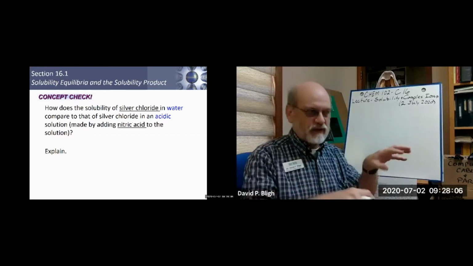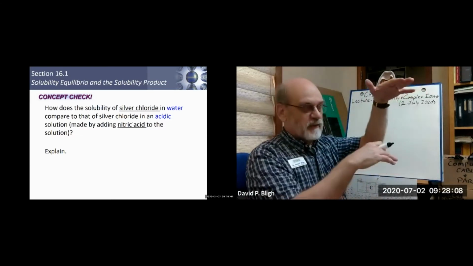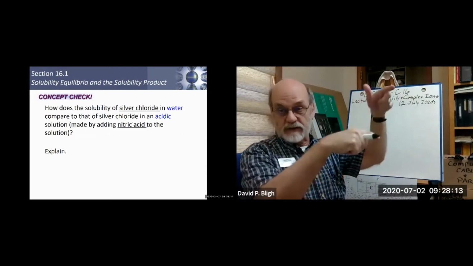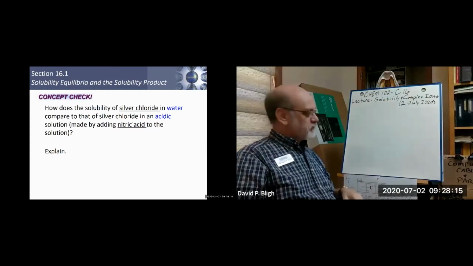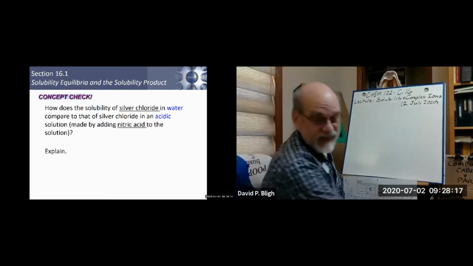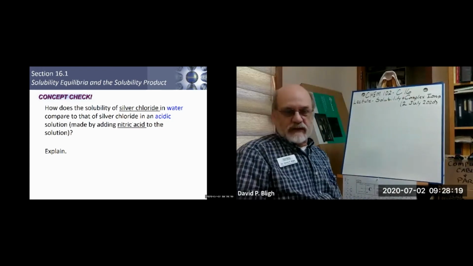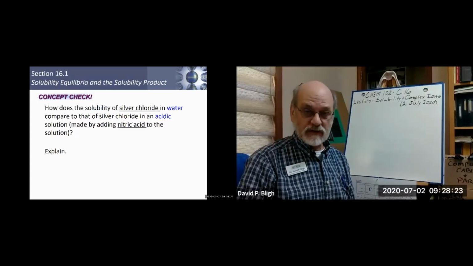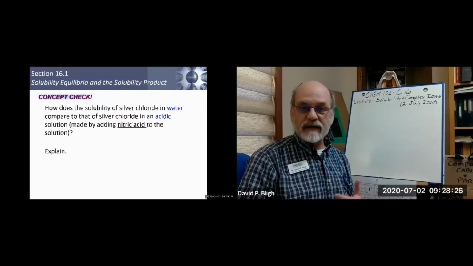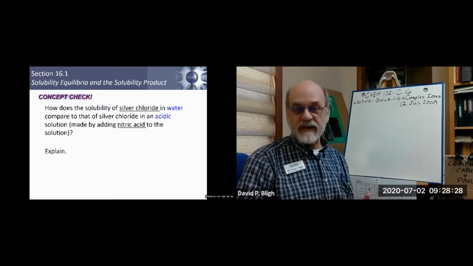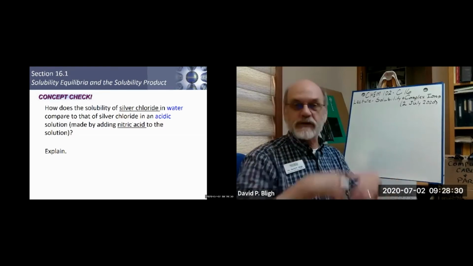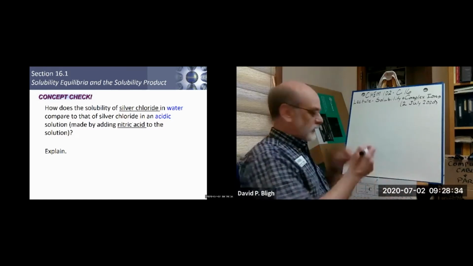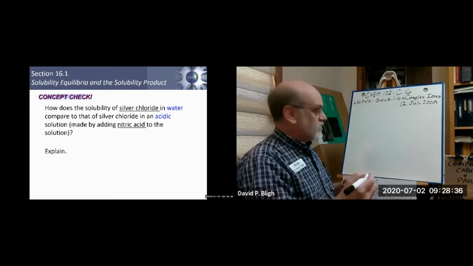You could separate them into different expressions, but they were connected by one or more ions. So that's where we're headed. That's the territory. So we want to know, does the solubility of silver chloride change in a solution that's acidified with nitric acid versus what it would be in water, right? So we know what it is in water. We've done that calculation.